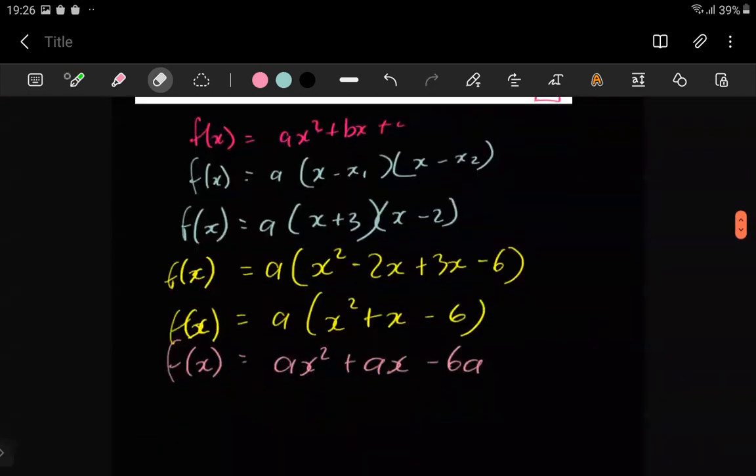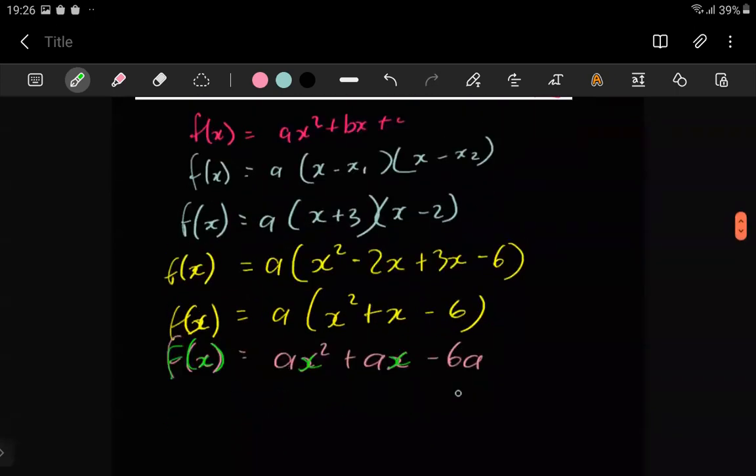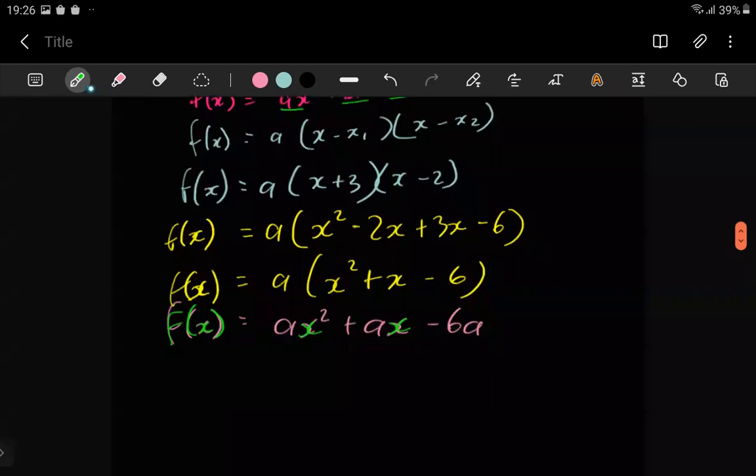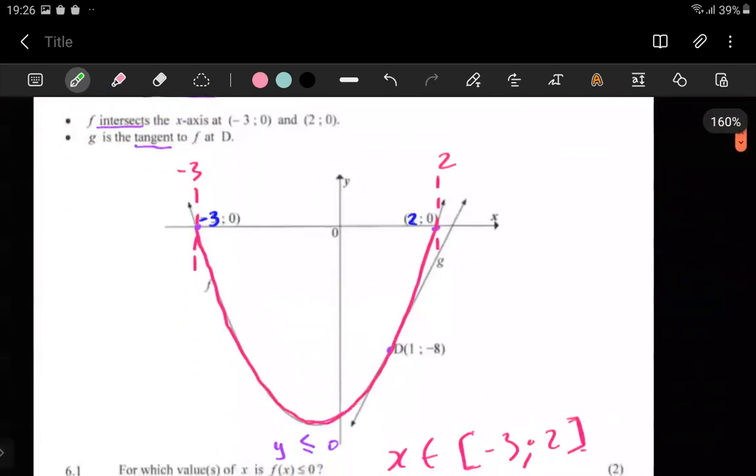For you to get a value of a, you only need a coordinate that the graph passes through, because if you throw in an x value and a y value in this equation, you will be able to solve for a. This is where the point D comes in, because D is clearly an x value and a y value that the graph passes through.